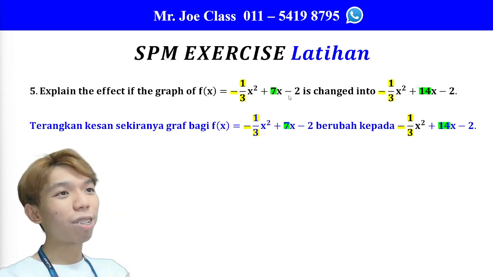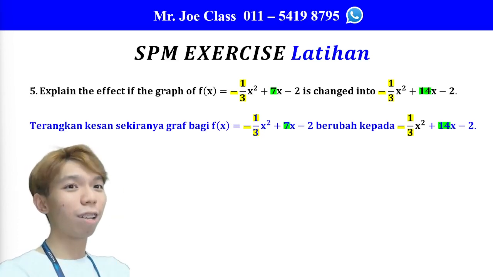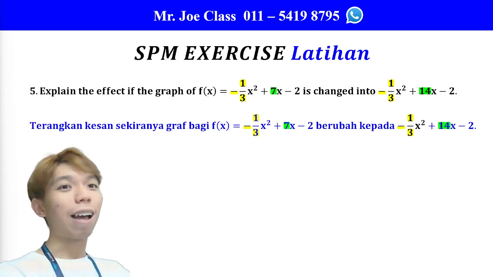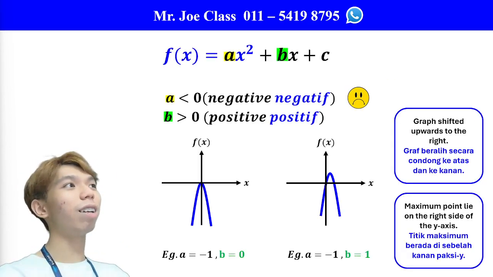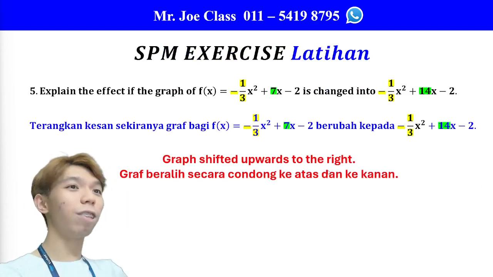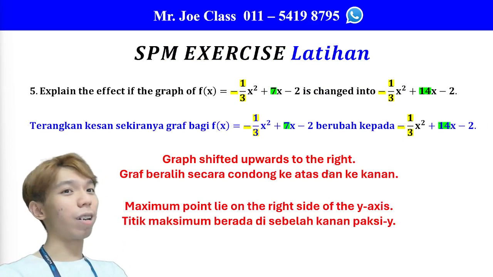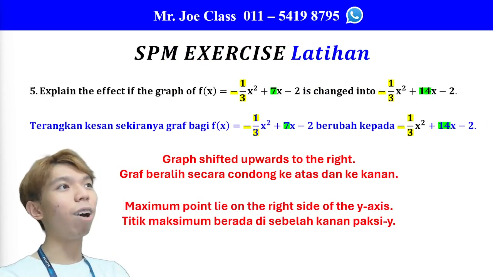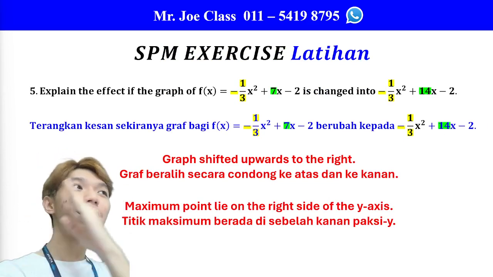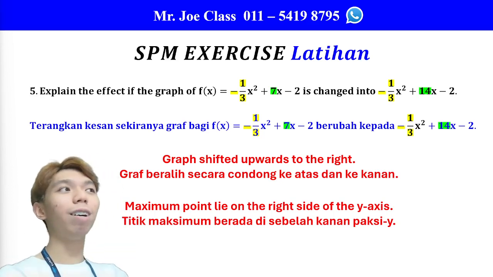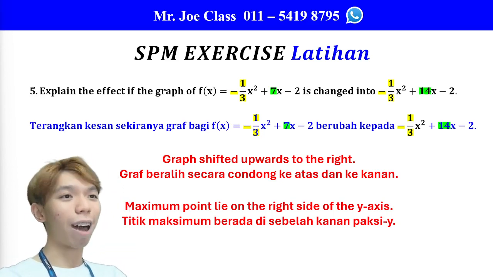So if it is already positive but becomes a greater positive value of b, it still has the same changes, shifted upward to the right, and then the maximum point of it, because this is a sad face, so it has a maximum point, the titik maximum berada di sebelah kanan, on the right hand side of the y-axis, paksi y.